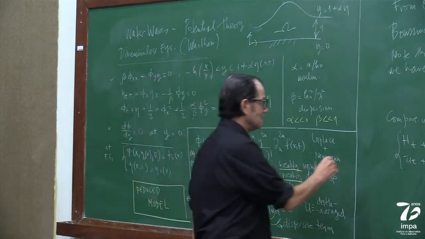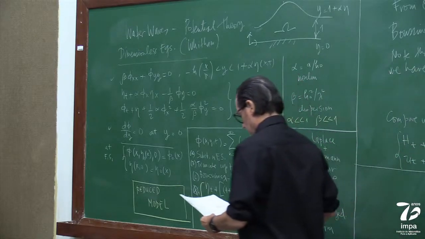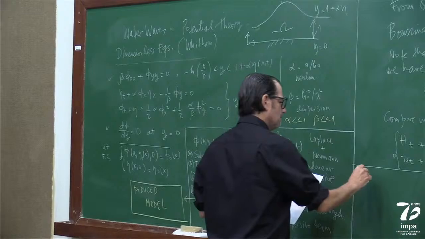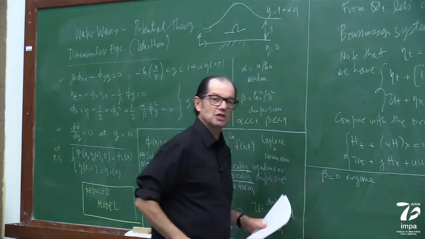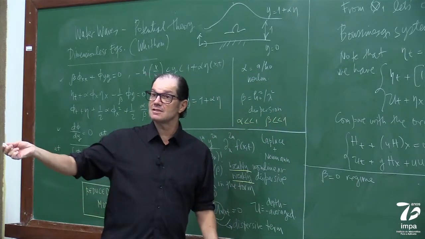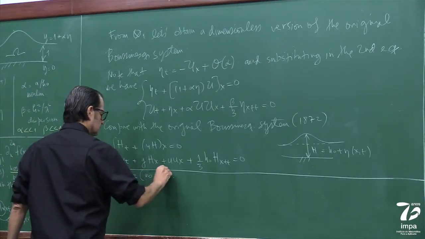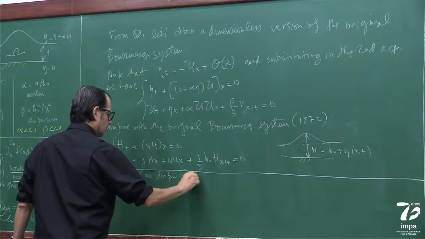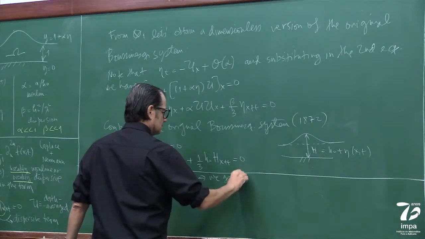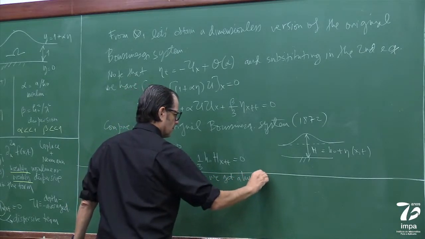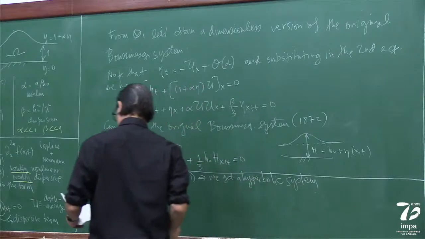Okay, so as I mentioned last time, quickly at the end, if I do the beta equal to 0 regime, which is dispersionless, no dispersion, implies we get a hyperbolic system, which you already know what it is.